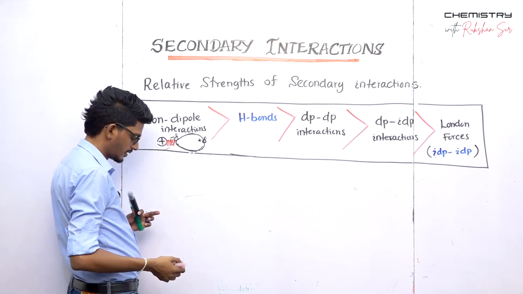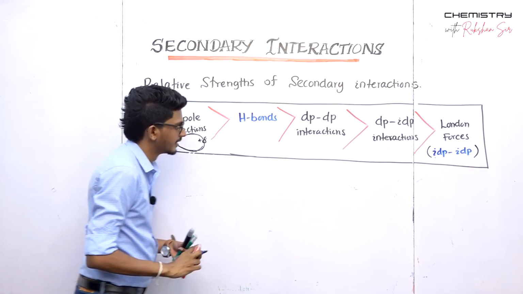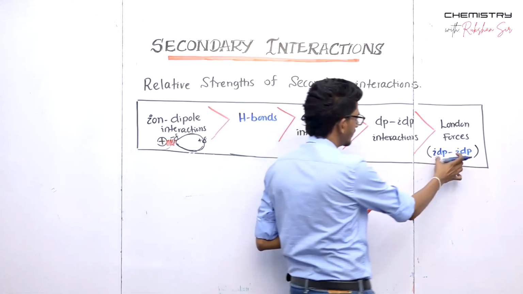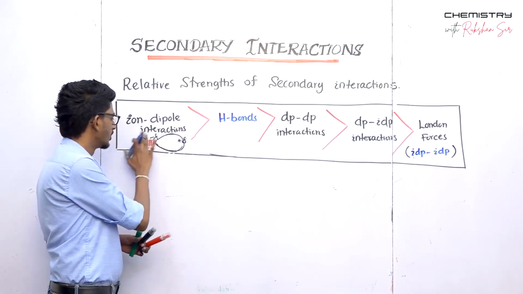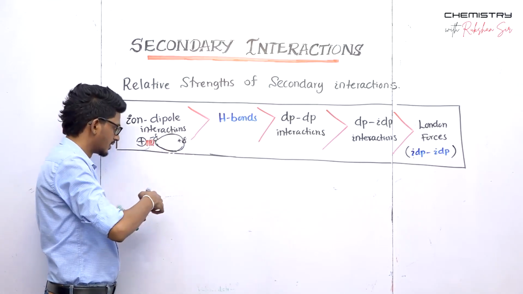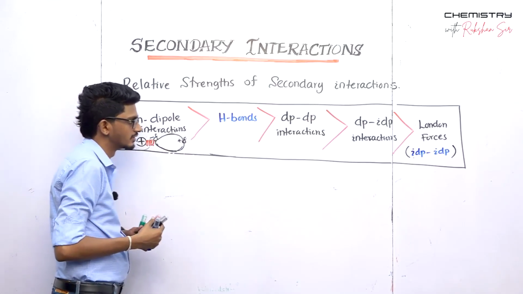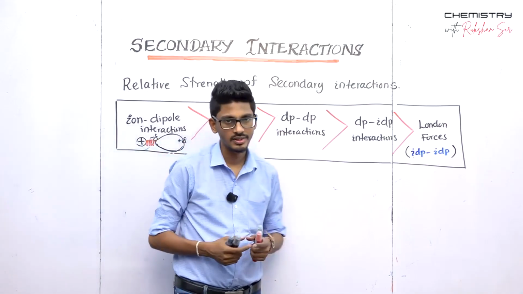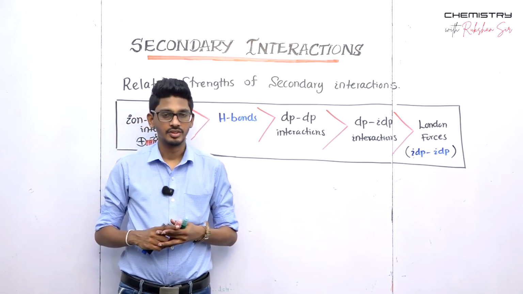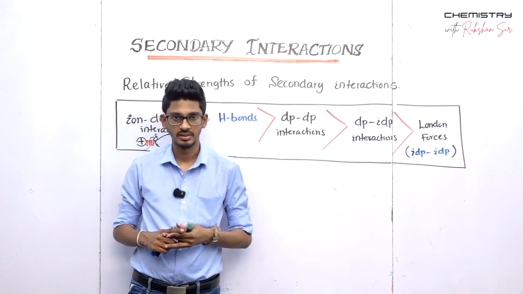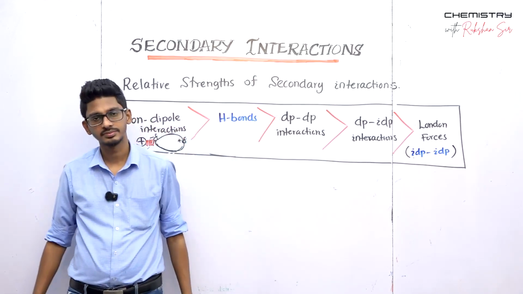And the strength will be least here. And where ions are involved, as you are with the greatest charge, the attraction is heavy. That is the idea. This is how the interaction strengths vary among secondary interactions. Is the stuff clear?